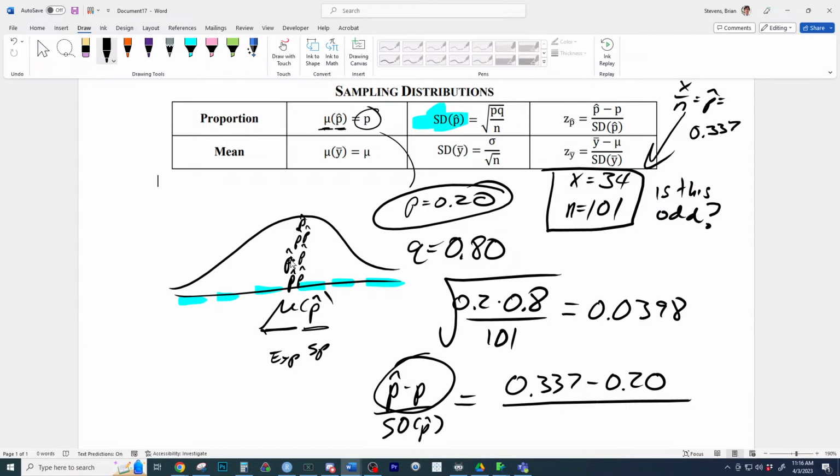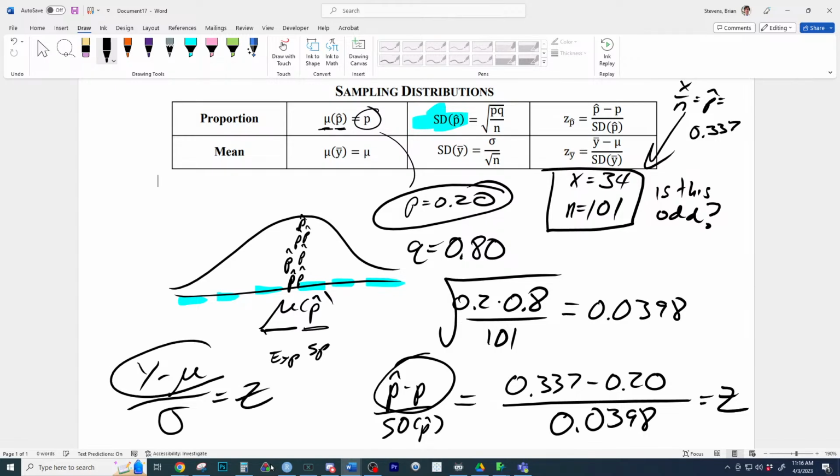This is the way all z-scores work. It's just a difference, and then we divide it by standard deviations. And think about this. We're standardizing the difference, and that's what a z-score is. Does that make sense? We're taking a difference. When we first learned it, it was observation minus mean over standard deviation. And if you look at the similarities in all these formulas, the top part is just a difference, and the bottom part is just a standard deviation.